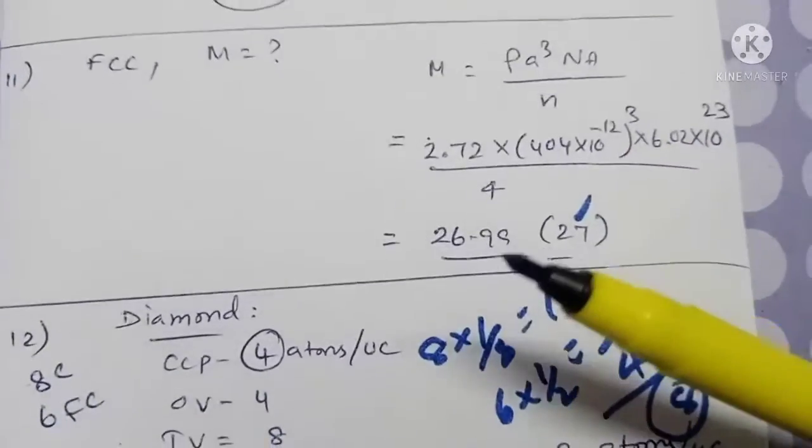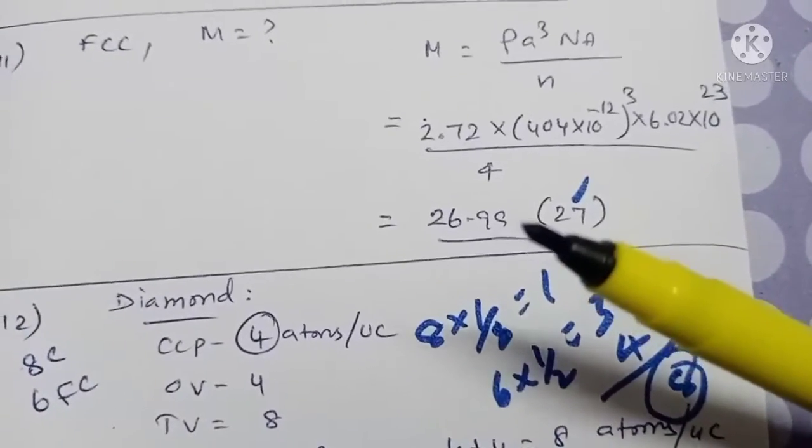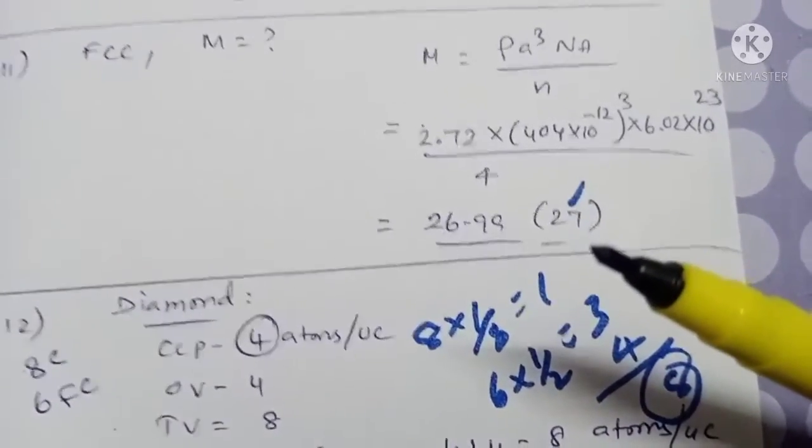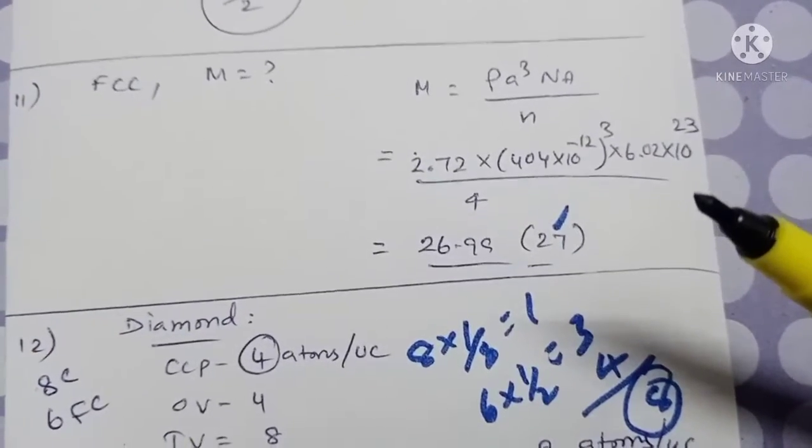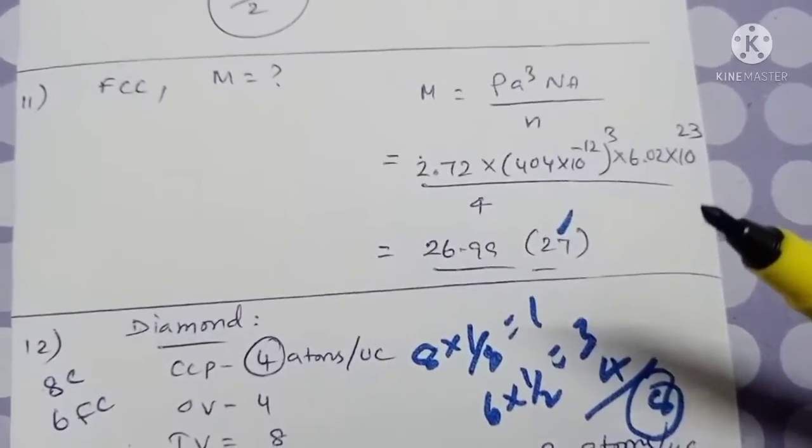After simplification we get a value of about 26.99, which is almost 27. So the molar mass of this metal is about 27 gram per mole.